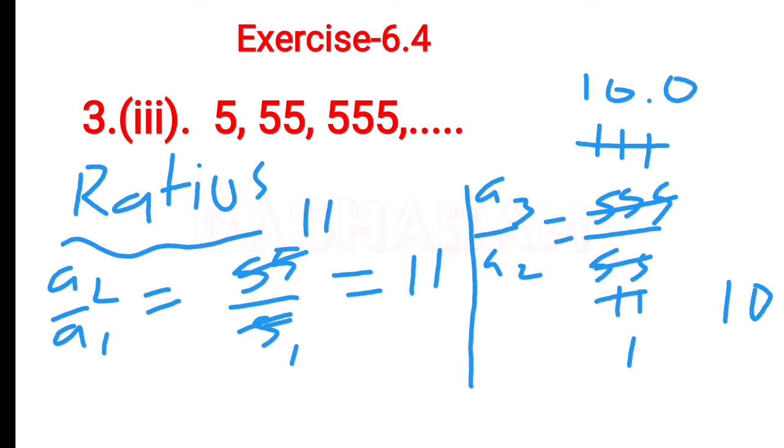So finally it is 100. Now 100 in the 11 table: 9s, 11 nines are 99. So what is the answer here? 10.09. Okay, so here A2 by A1 is not equal to A3 by A2.